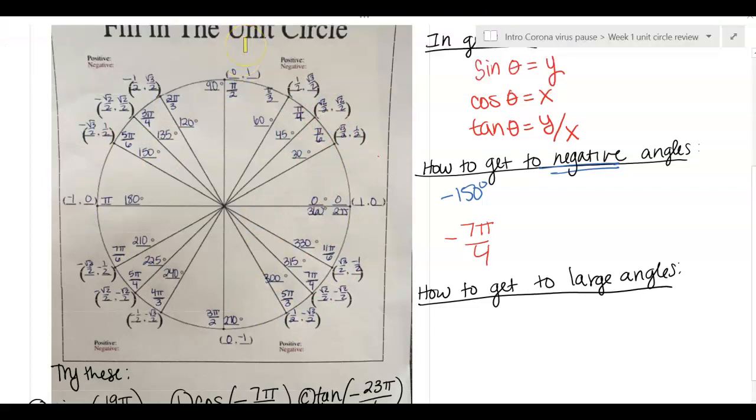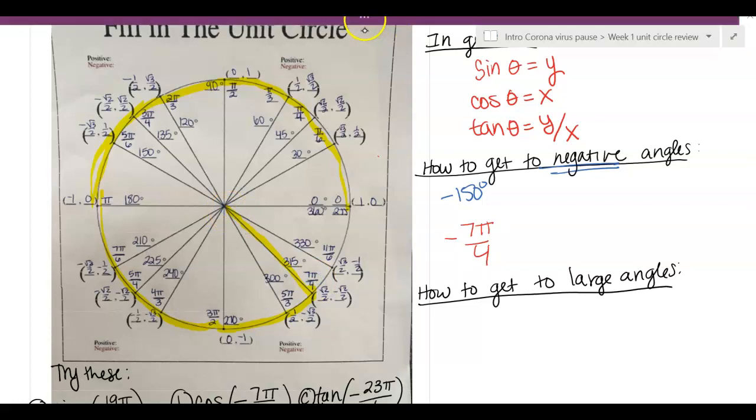and then go through that same procedure, there is a 7 pi over 4 right here. So 7 pi over 4 means this, though, that it went all the way to 180. It went through the next quadrant and then into this fourth quadrant. 7 pi over 4 is a 45 degree. It's the last one before you finish the whole circle.